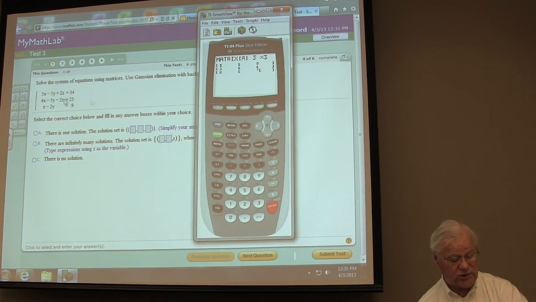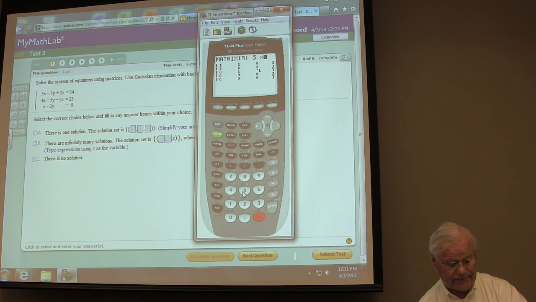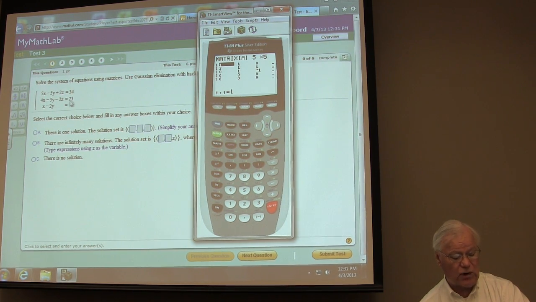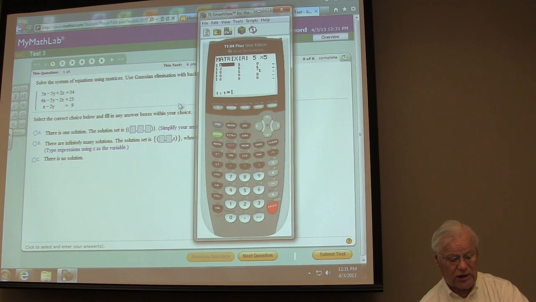So the first equation, we need a 5, a negative 5, I'm sorry, I need to put the dimensions in first. This is a 3 by 4 matrix, 3 rows, 4 columns.